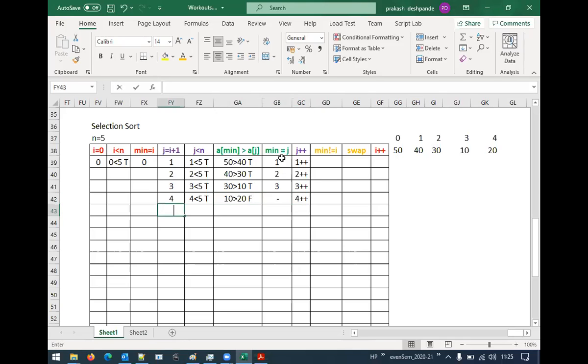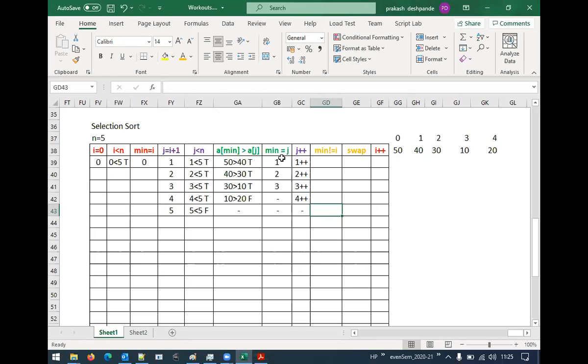So this time j becomes 5. 5 less than 5. The condition now becomes false. That means the inner for loop is now terminated. Correct? So this statement will not execute. This will not get executed. This also will not get executed. Next is the if condition. What is the condition we have?